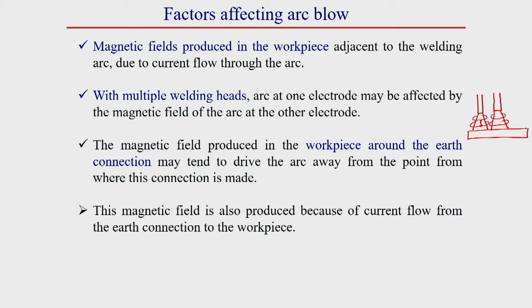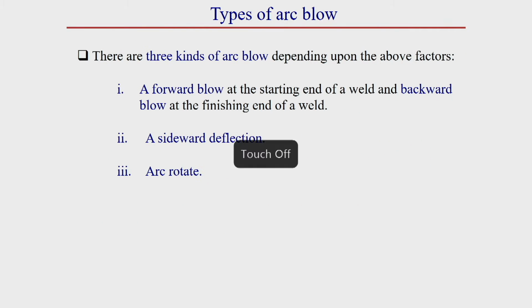Now, we will go through the different categories of arc blow. Depending upon the above factors, arc blow is generally categorized into three different categories. A forward arc blow at the starting end of a weld and a backward arc blow at the finishing end of the weld. A sideward deflection is another arc blow, and arc rotation is another.